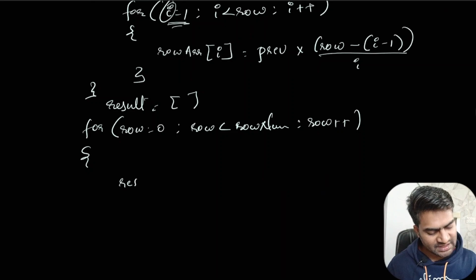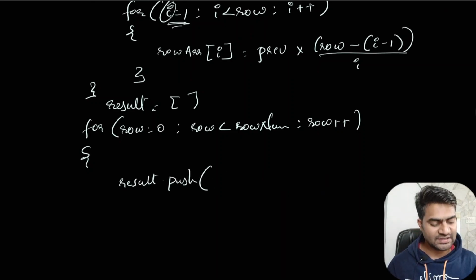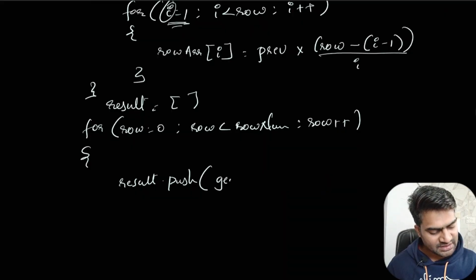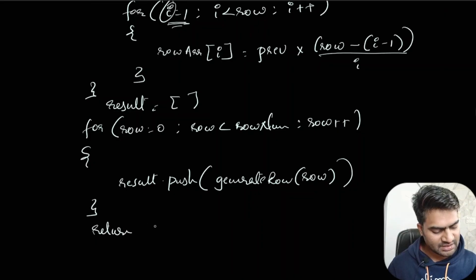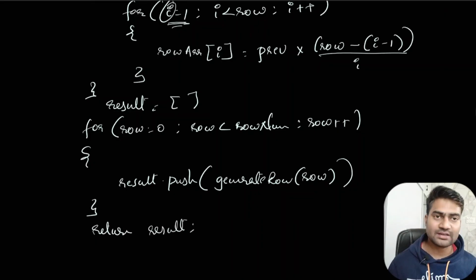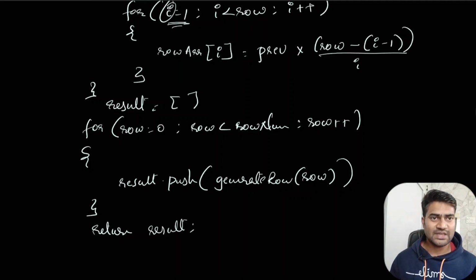I will simply say result dot push or result dot add. Basically this is a list of lists in Java, or in JavaScript we can simply consider an array. So I will say generate row and simply pass the row number. For all the rows it will generate, and finally you return the result. So this is how we can generate all the rows in the Pascal triangle effectively.